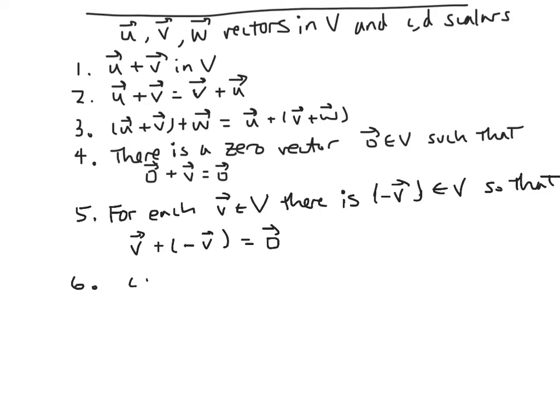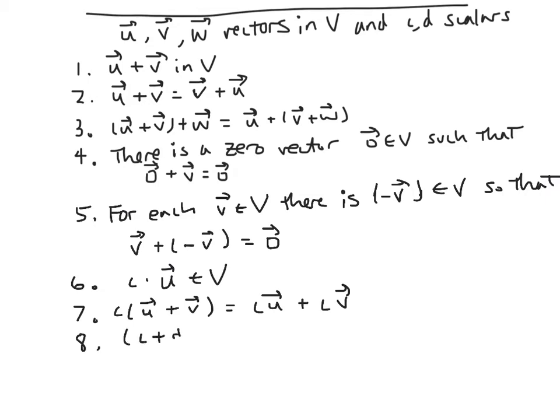If I multiply u by any scalar, it stays in my vector space. If I take a scalar times the sum of two vectors, this is the same as scaling each of the vectors separately and then adding them. And there's a similar property that holds for when I add my scalars, or when I multiply my scalars.